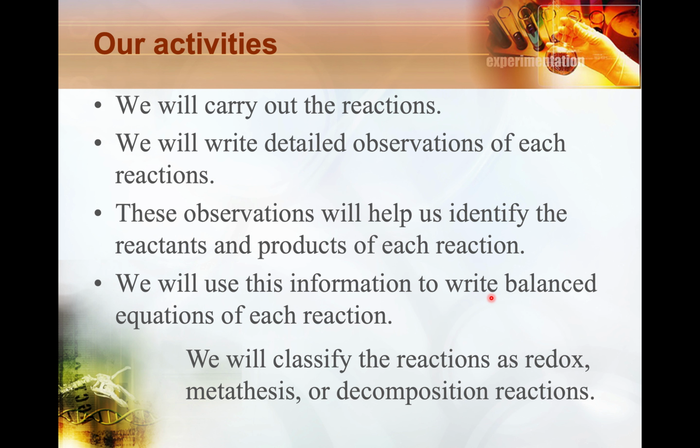The types that you'll see again are redox, oxidation reduction, the transfer of electrons from one material to another, metathesis, or changing partners, double replacement reactions, or decomposition, where a single molecule will break into two or more parts, usually under heat.